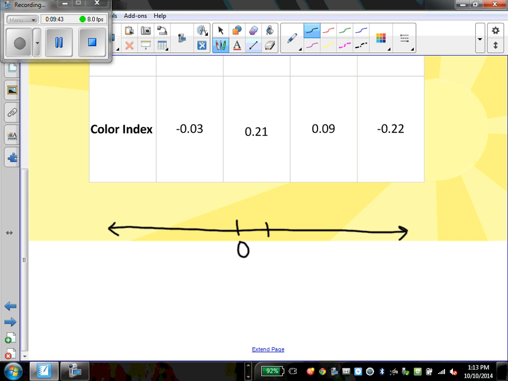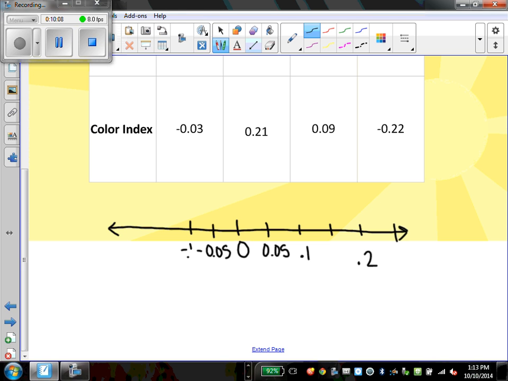So this right here would be 0.05, then 0.1, 0.15, 0.2, and 0.25.